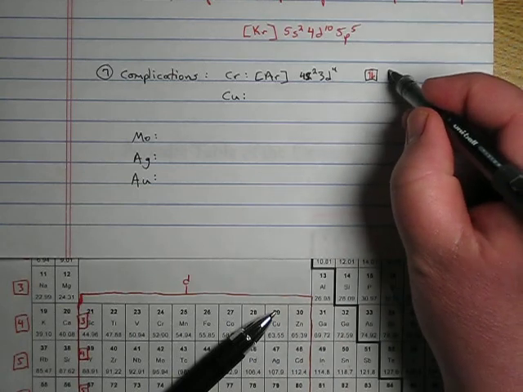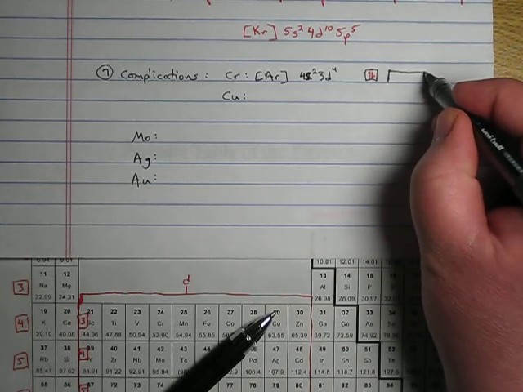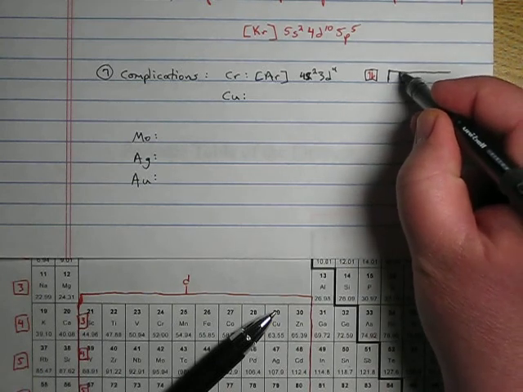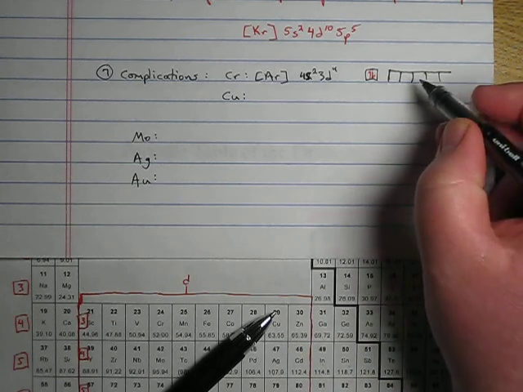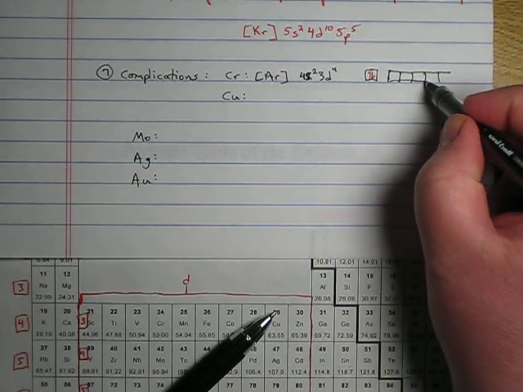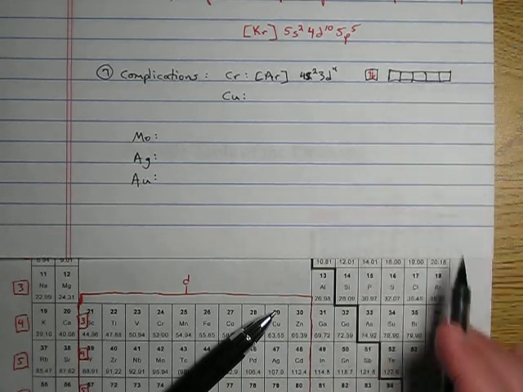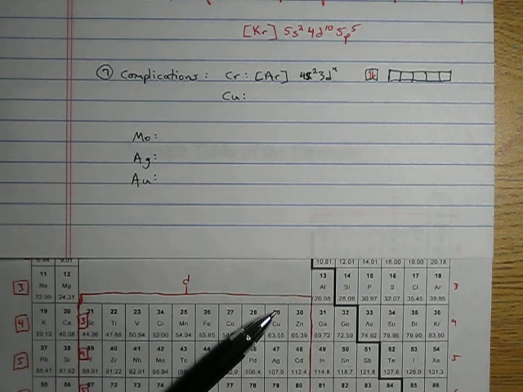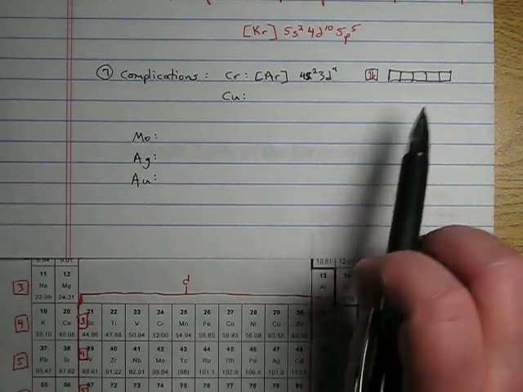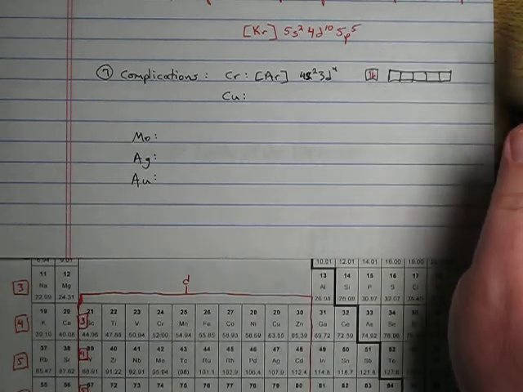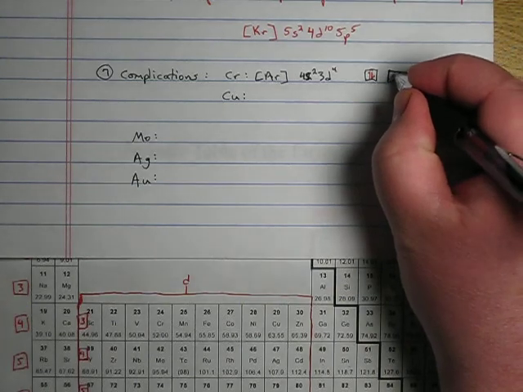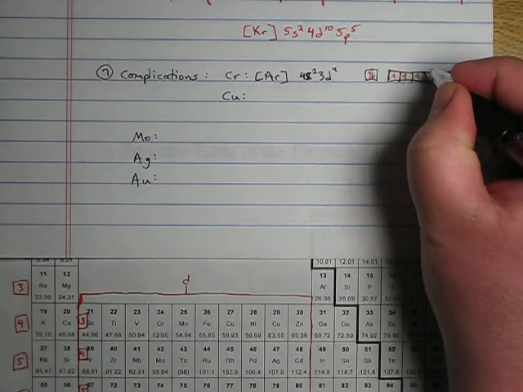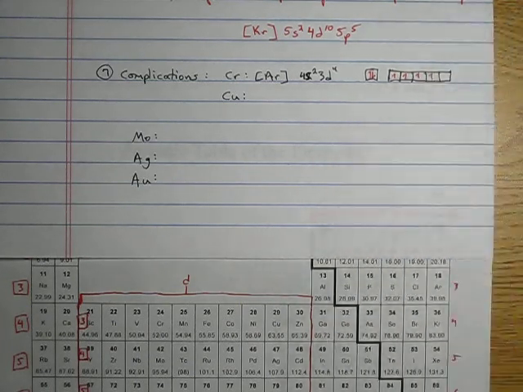That's right, I need 5 boxes because there's 5 d orbitals. Now, 4s2, 3d4, I need to put in my 4 electrons. How will I put in my 4 electrons? Good old Hund's rule. 1, 2, 3, 4.